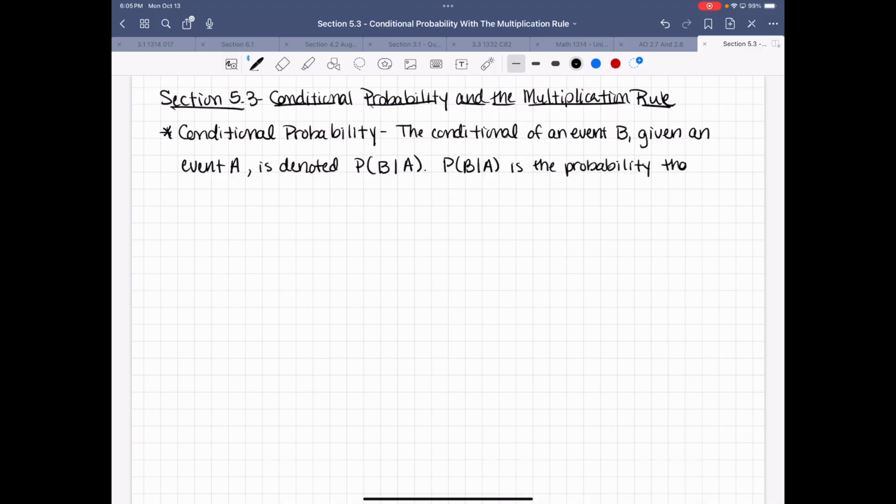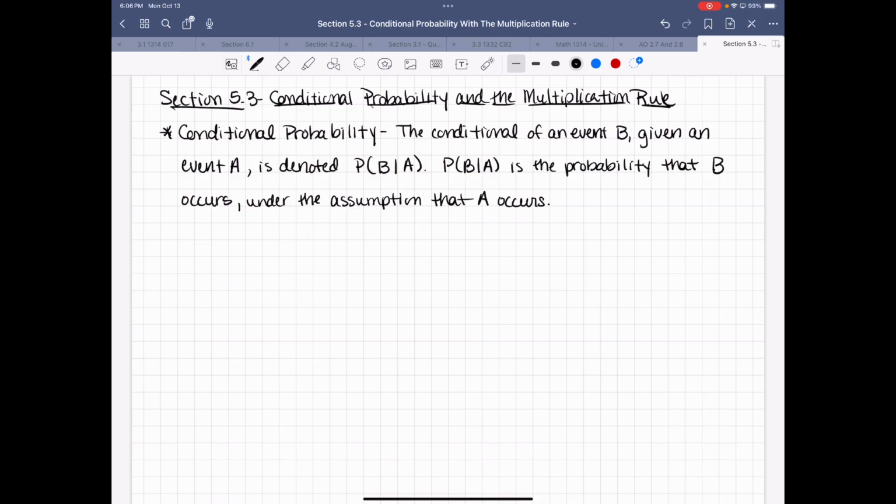And the probability of B given A is the probability that B occurs under the assumption that A occurs.